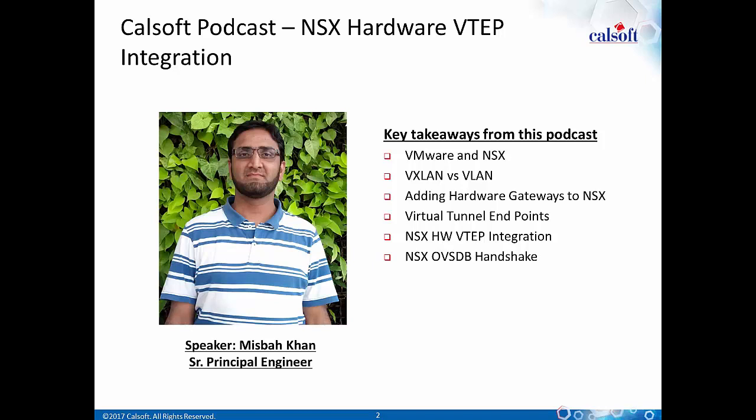So you got it, Misbah, that using the OVSDB schema, the components in the physical and the virtual networks exchange MAC addresses and other information. This enables components to learn and reach each other in the respective networks. Correct. So let me complete this: this overlay technology enables VXLAN to VLAN translation.